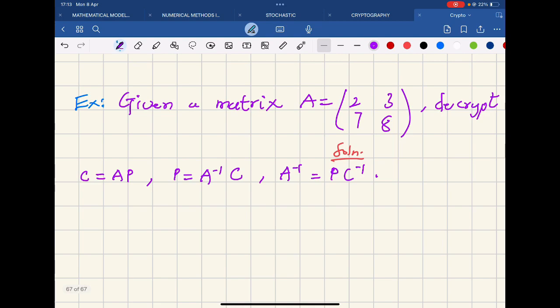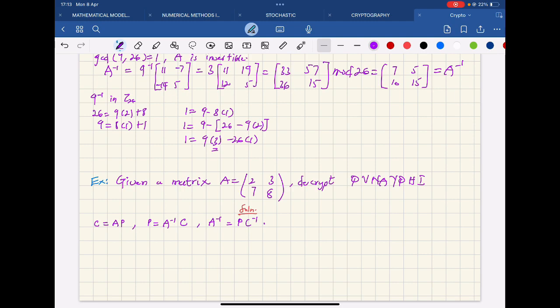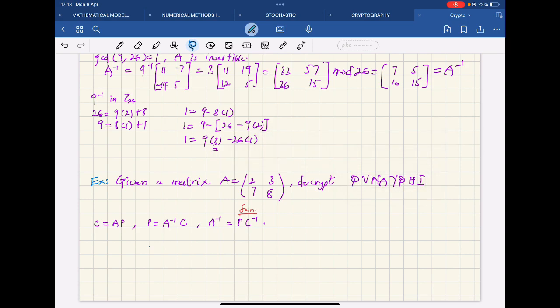Now, looking at this question, if we want to decrypt this, then it means that what we have here is our cipher text.